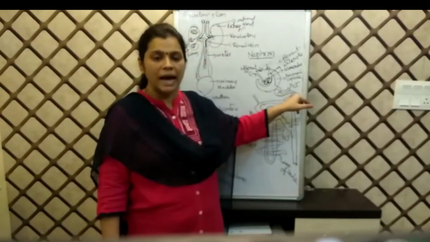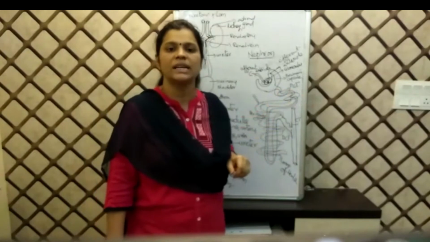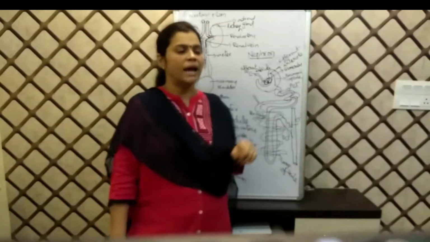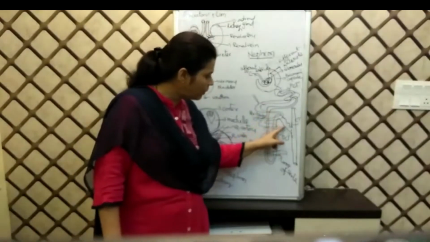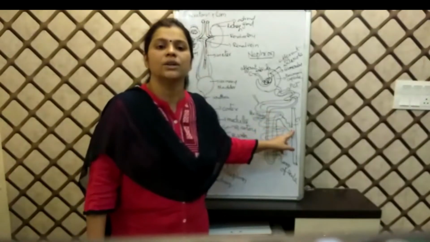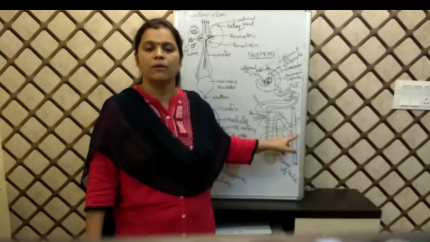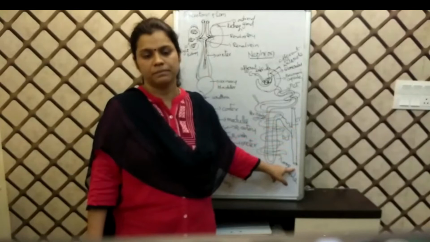The last part of the renal tubule is the DCT, that is the distal convoluted tubule. This distal convoluted tubule opens into the collecting tube. The collecting tube forms pyramids and calyces and opens into the pelvis.